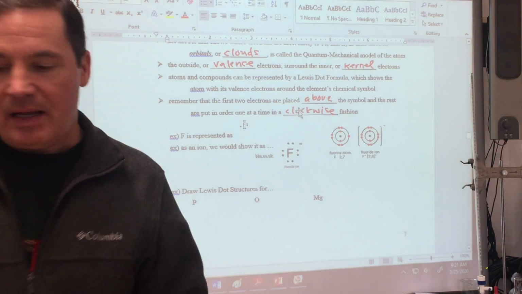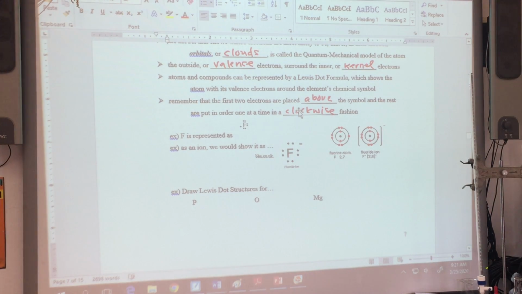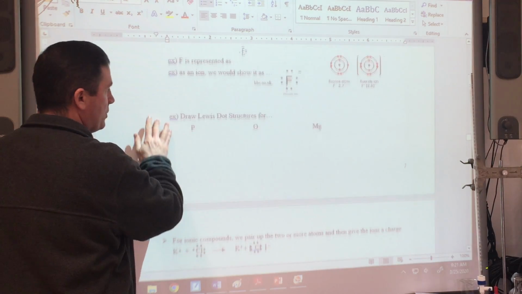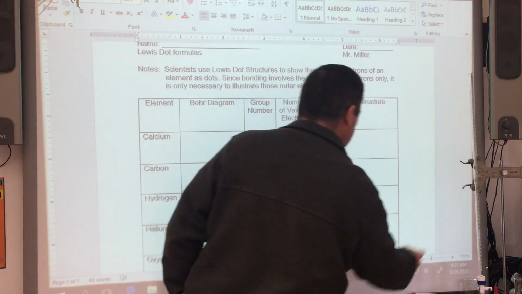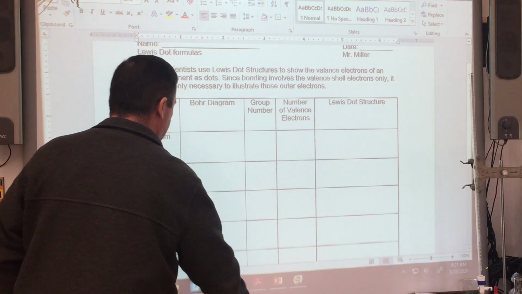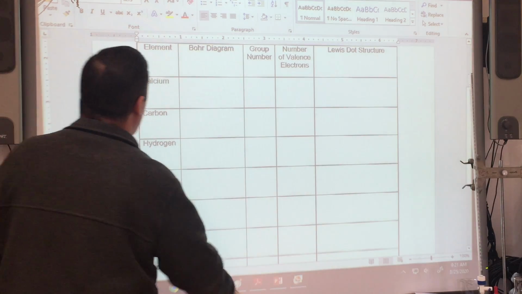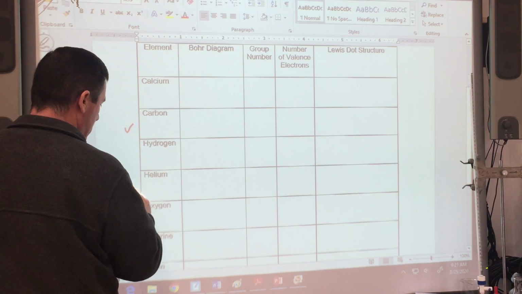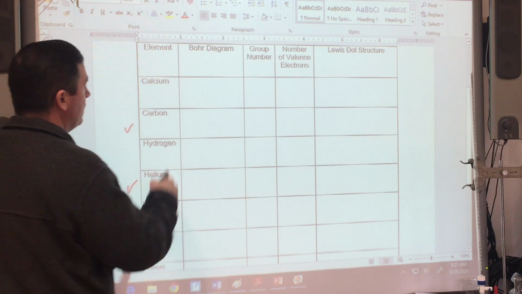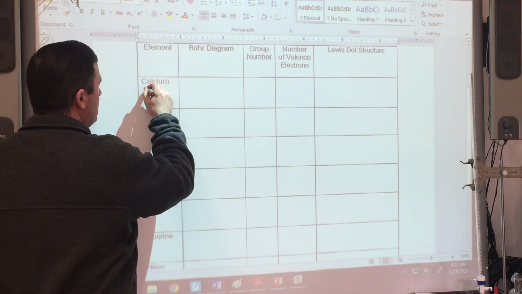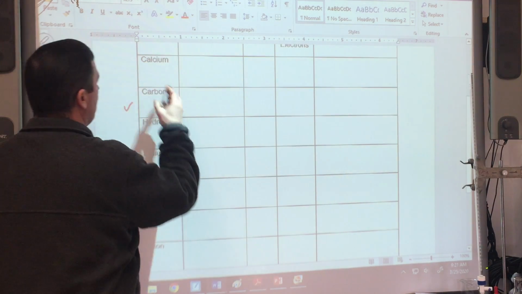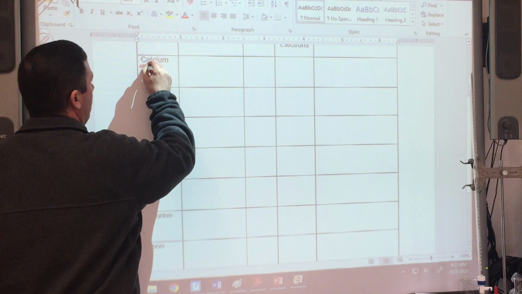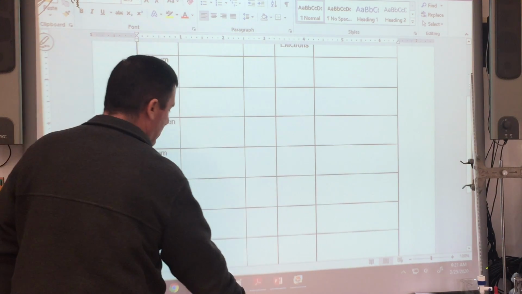I'm probably going to run out of time. Let's look. I've got about a minute. So I'll show you this first one. Here's the homework. On this homework, I want you to do carbon, helium, and fluorine. We'll do calcium together. Calcium is 40, 20.